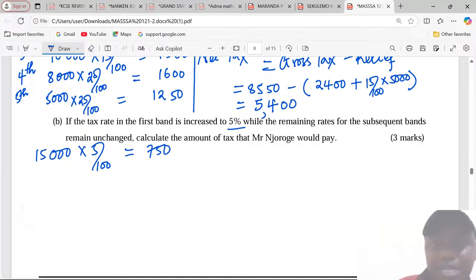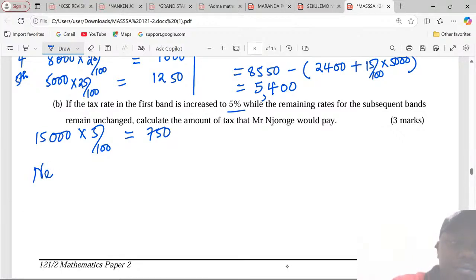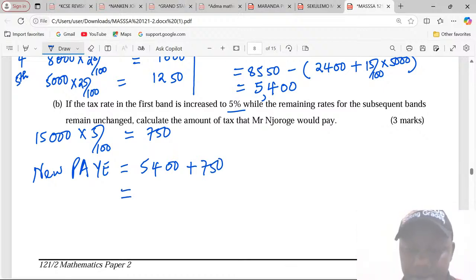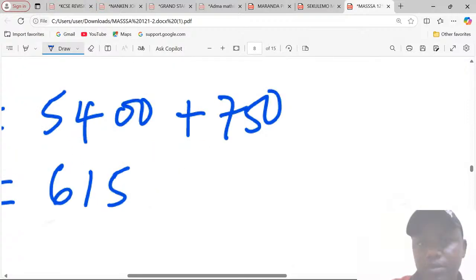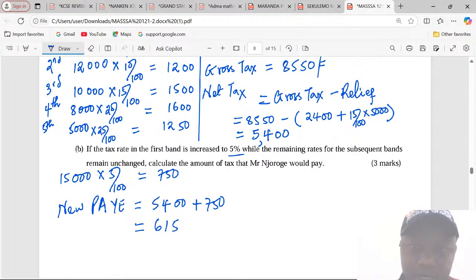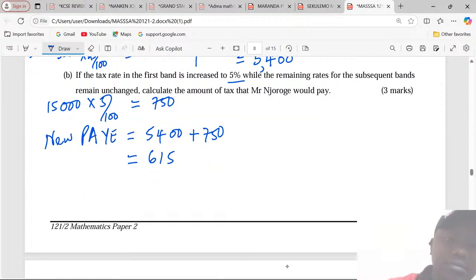And that means the new pay for Mr. Joroge, instead of 5,400, now became, we add, 6,150.